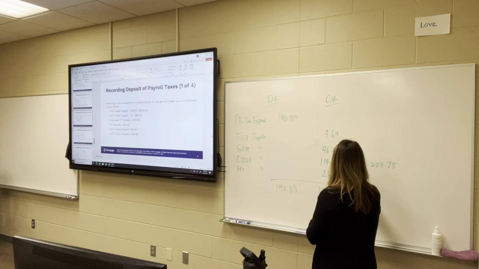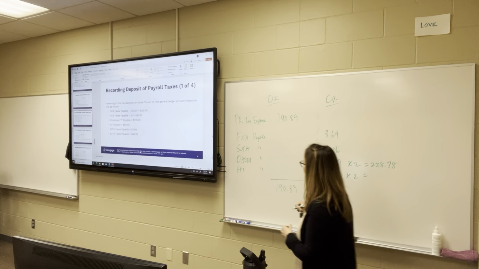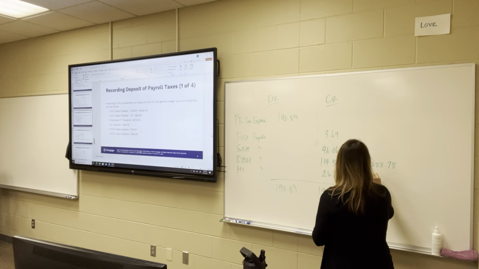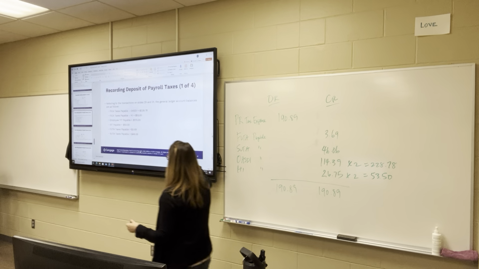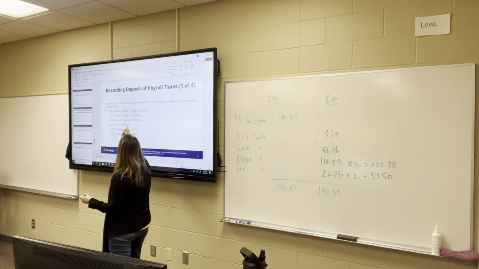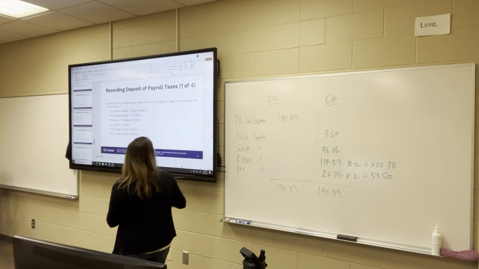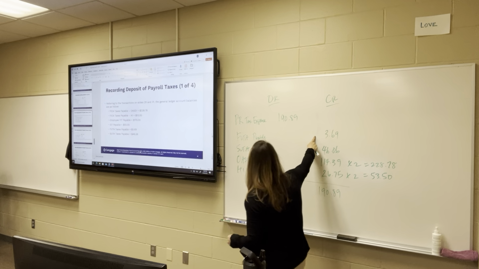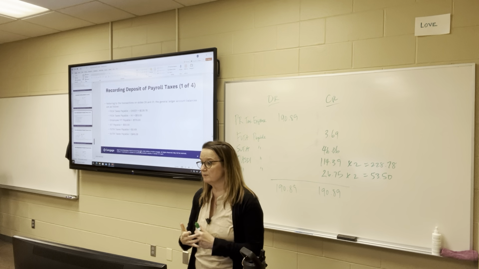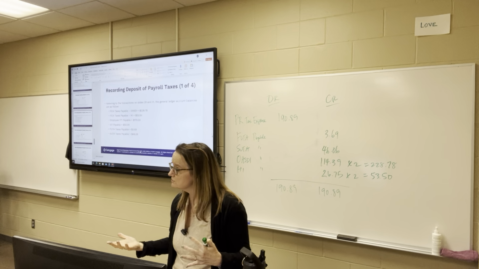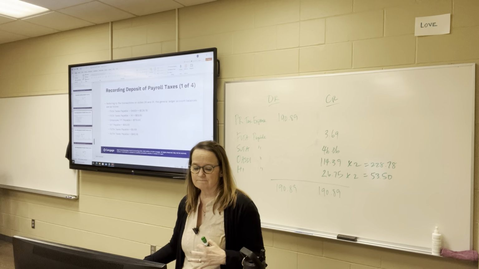And again, this times 2, so the employer and the employee portion of that $53.50. We have to think back to the last journal entry. We had that federal income tax payable of $170, state income tax payable of $50, and then we've got our FUTA payable and our SUTA payable. So we have to talk about the journal entry that we make when we actually pay those liabilities.